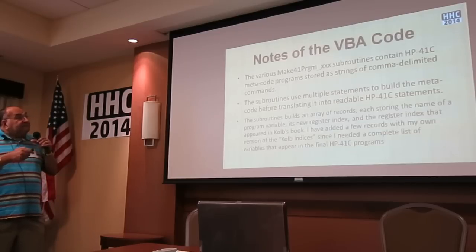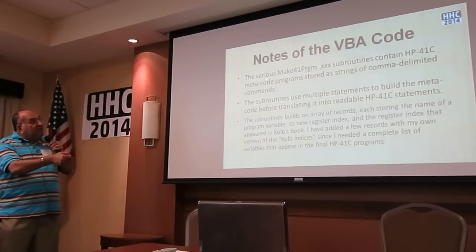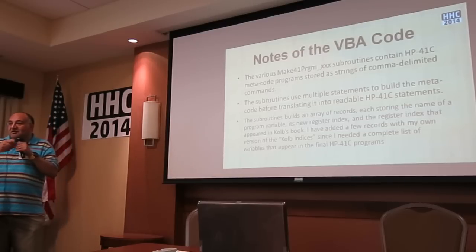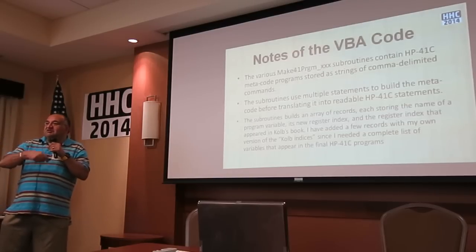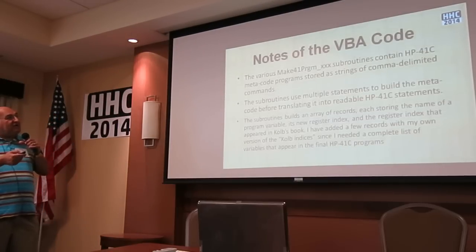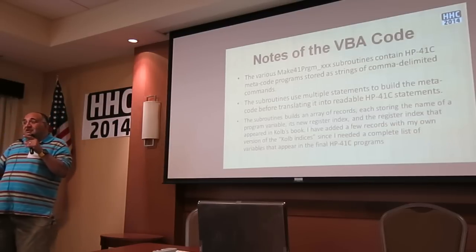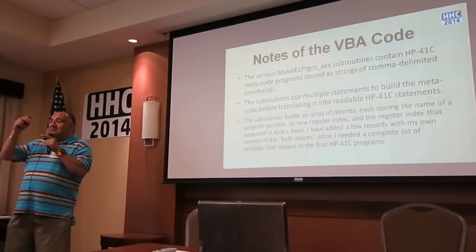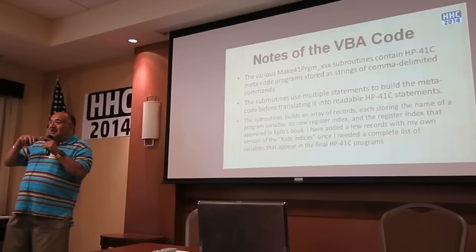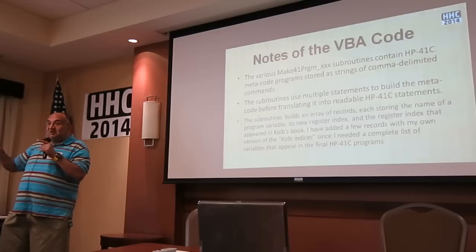Now the code, each worksheet has a macro whose name starts with make41 program, and then the X's here are the name of the worksheet, so you don't have the same subroutine name repeated, and then you get in trouble. It has meta code or compressed code because really there's no way around generating HP-41 code unless the complete programs are stored somewhere else.